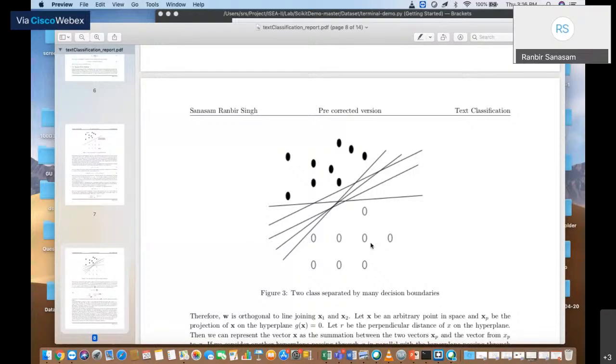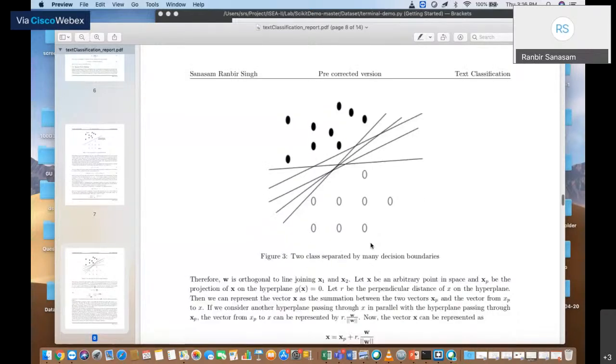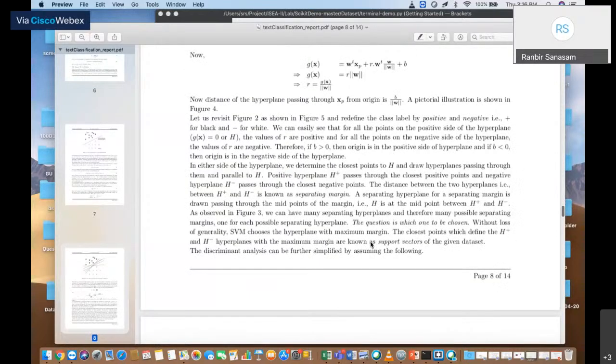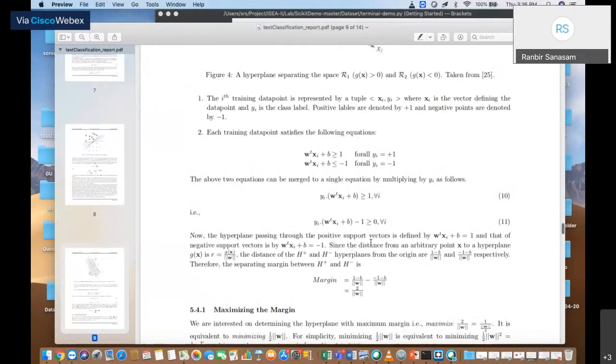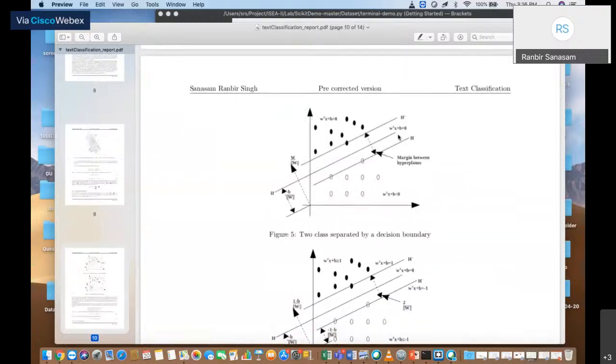The best hyperplane is defined by something called maximum margin. Maximum margin means what? Suppose this central, middle line is the separating hyperplane that I have chosen. Then I will draw another parallel hyperplane passing through the nearest black dots.